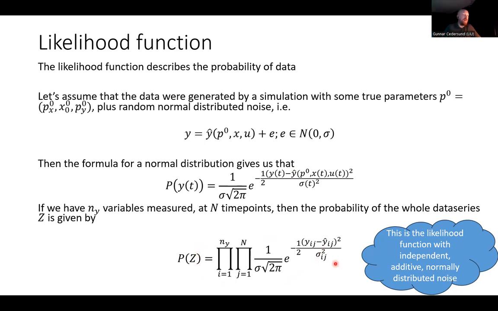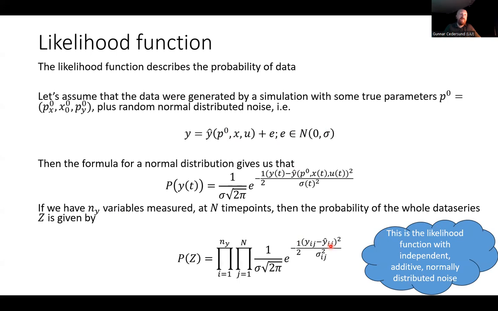So let's now see how we can go from this function to something that we can put in a cost function. This probability will actually depend on the parameters, because y hat depends on the parameters. So for different parameters, we'll have different y hats.